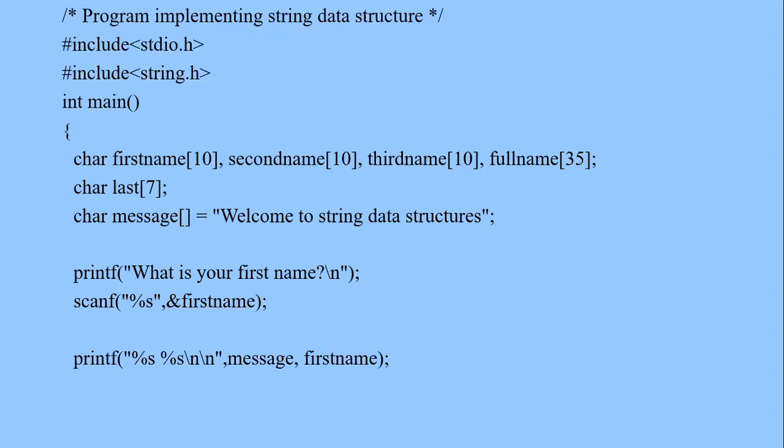If the first name entered was meme, and meme is what is stored in the memory location called first name, then this statement will pick the content of message and the content of first name and display them on the screen in the following order: the content of message, which is of type string, and the content of first name, which is of type string.